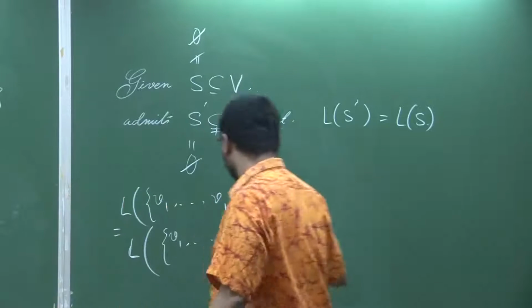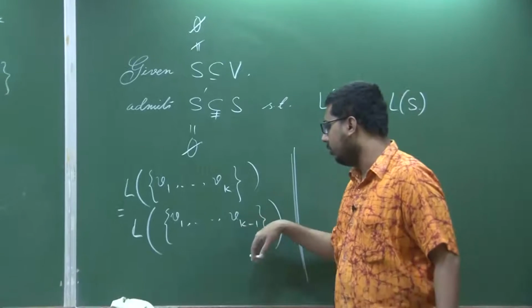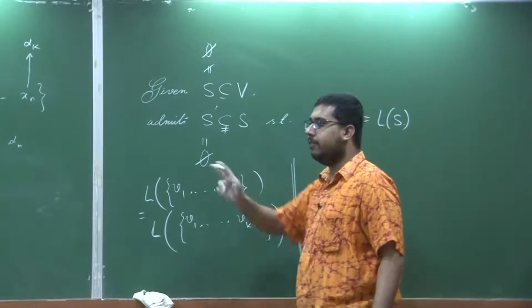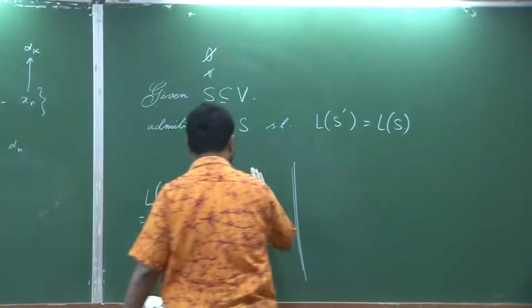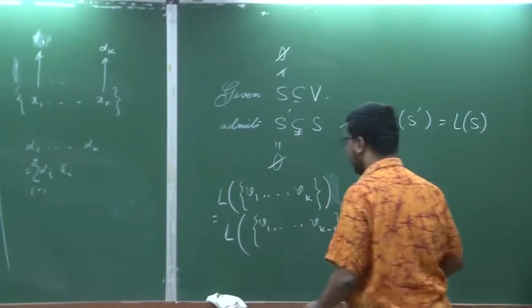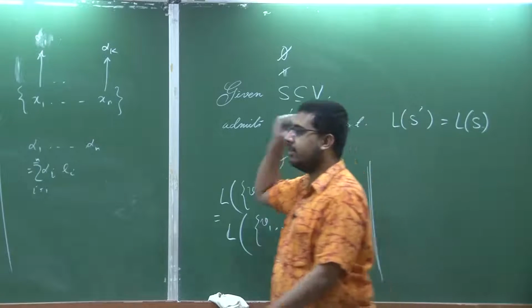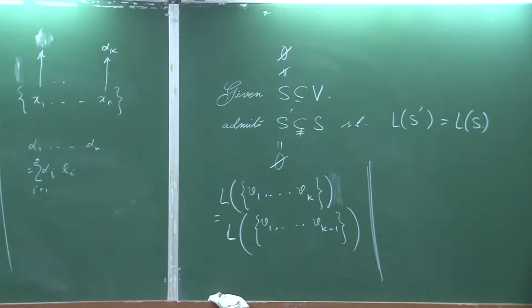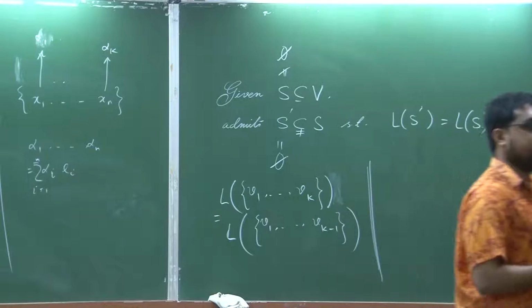So, let us see if this happens, then what? Let me formally articulate that in the following way. Suppose I have started with a finite set, and from that if we delete a single element, the linear span does not change at all. So, what is a typical element in the linear span? All possible linear combinations.